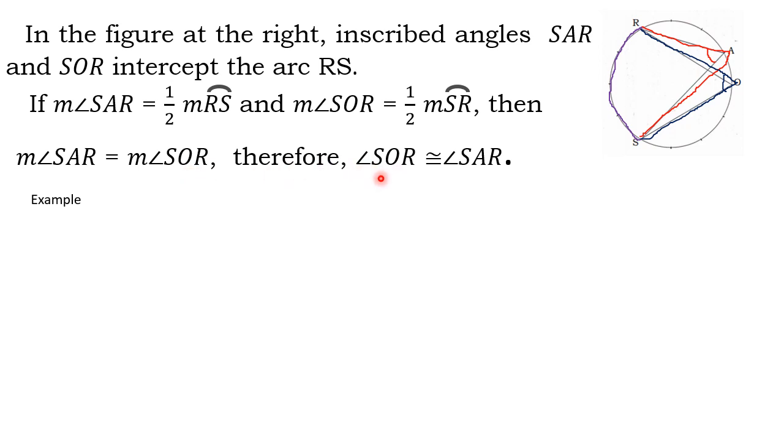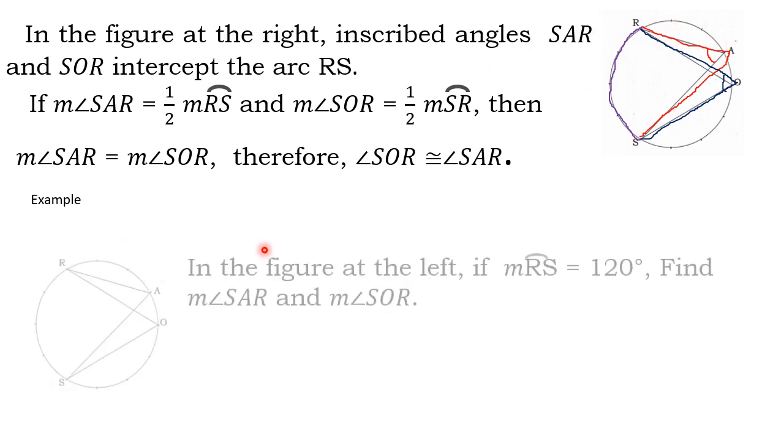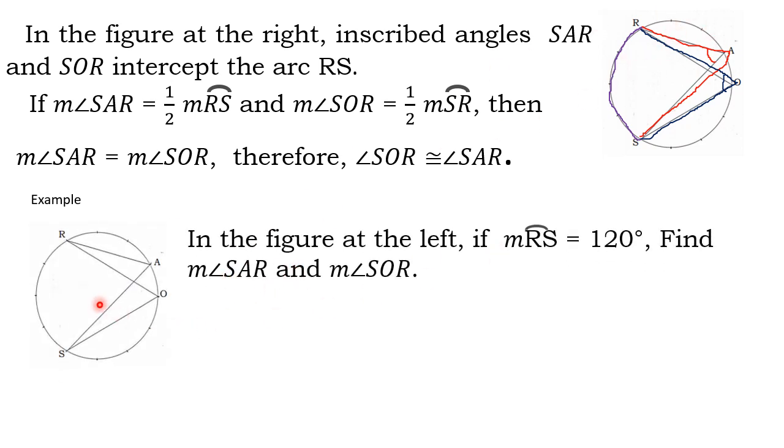Therefore, angle SOR, this symbol, is congruent to angle SAR. This is the symbol for congruence. So if we're tasked to find the measure of the angle, just like here, we are tasked to find the measure of angle SAR and SOR.